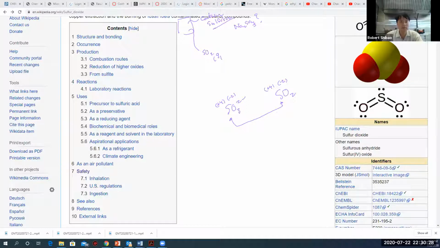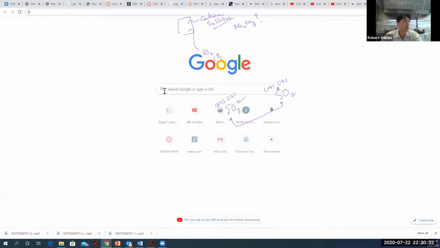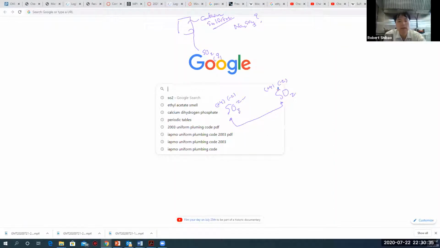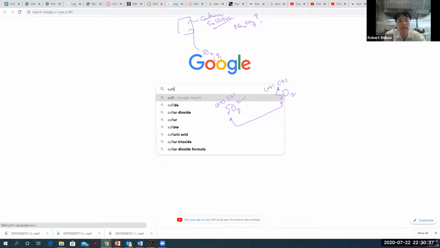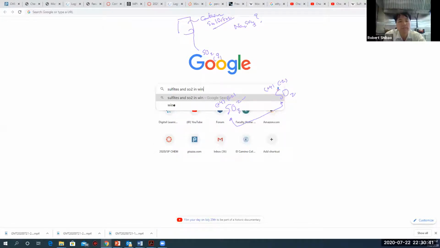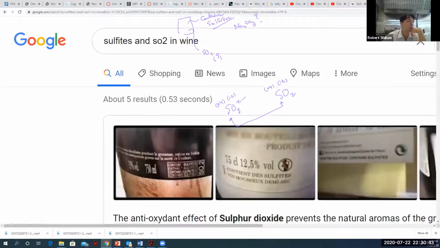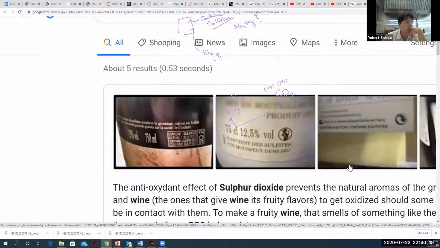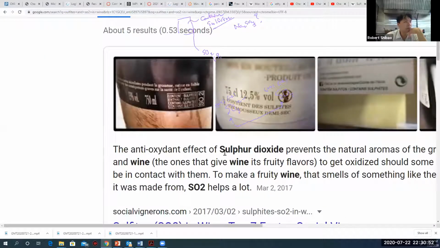So look at wine. We could look at SO2 in wine. It says contains sulfites, and what they're using is sulfur dioxide.